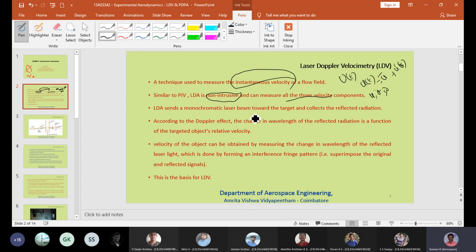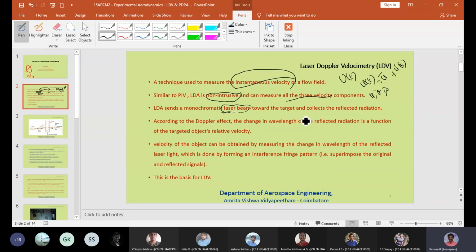We are going to see the change in wavelength of the reflected radiation from the monochromatic laser beam, which has a known wavelength.